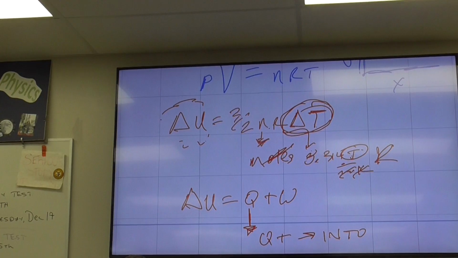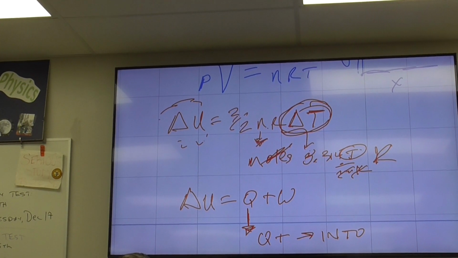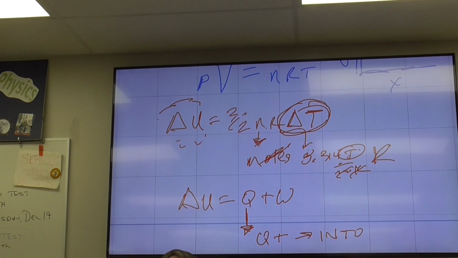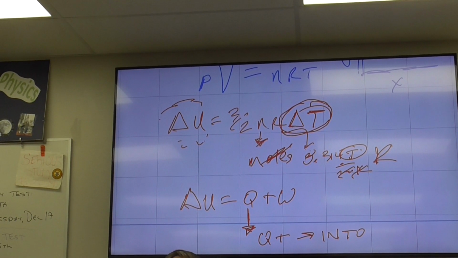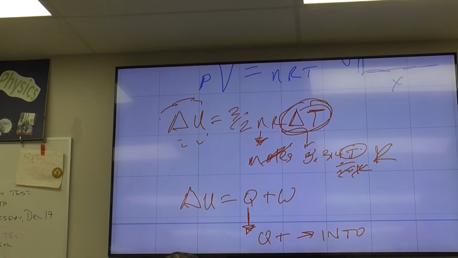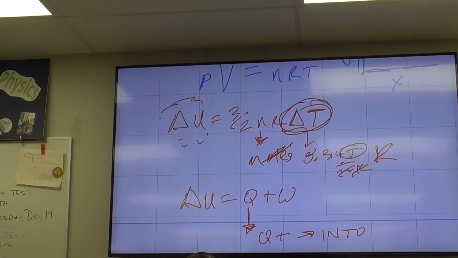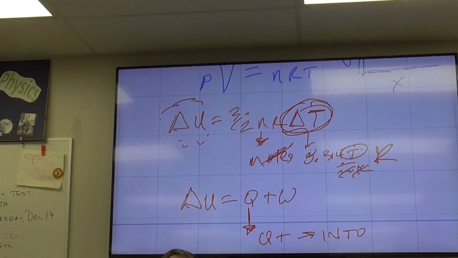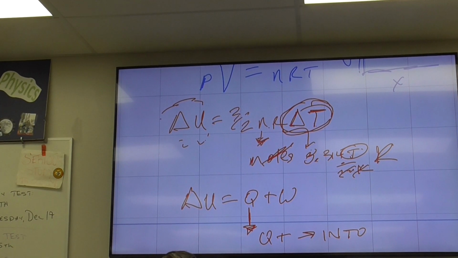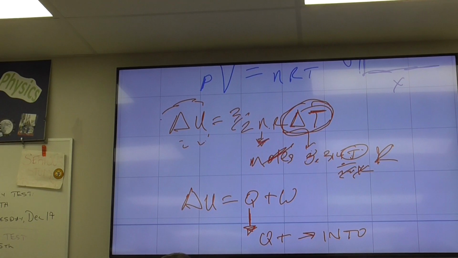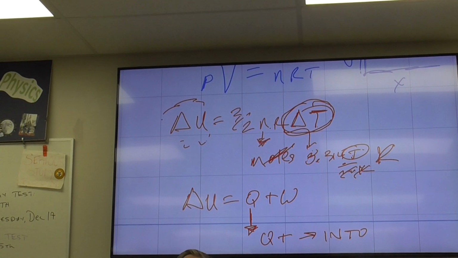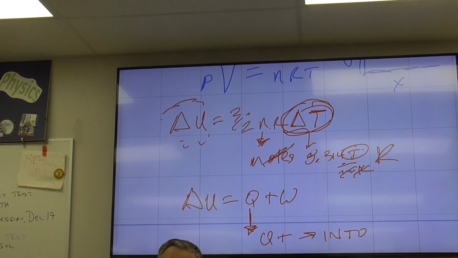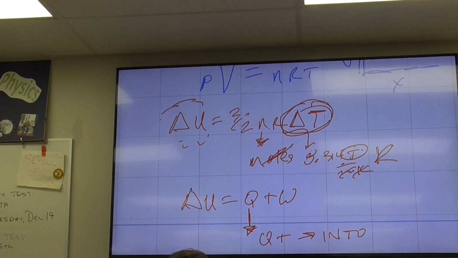So again, if you have a positive Q, that means Skittles is flowing into the classroom. What's going to happen to the total energy inside that classroom? It's going to go up. Now, the other side of that, the teacher gets back to the classroom and says, give me all the Skittles. So if Skittles flows out of the system, if you put it in an ice bath, the delta U is going to go down.